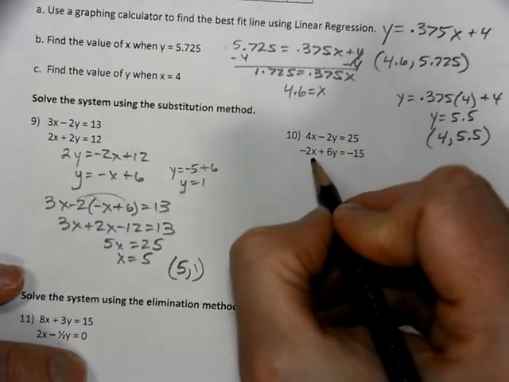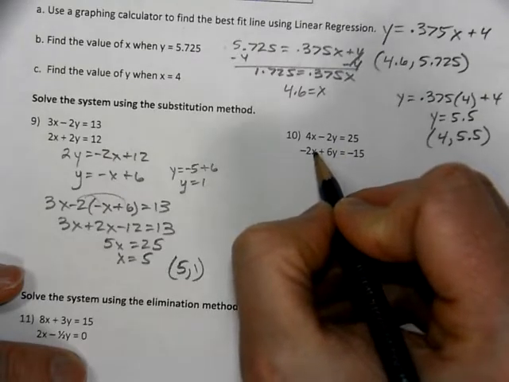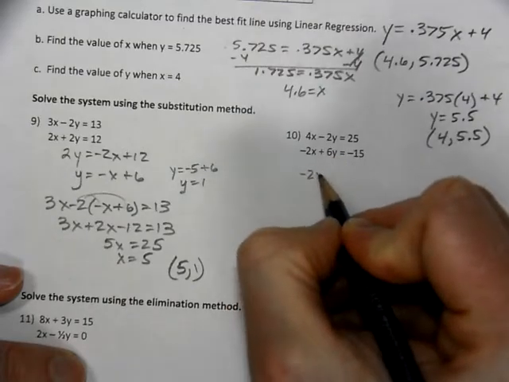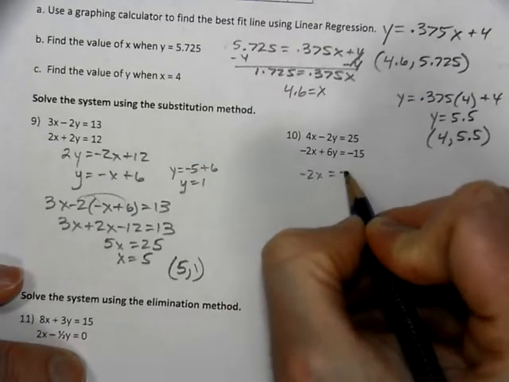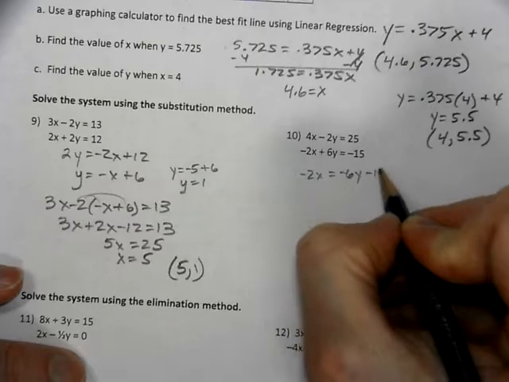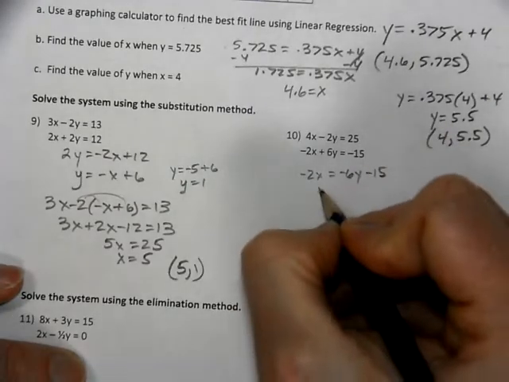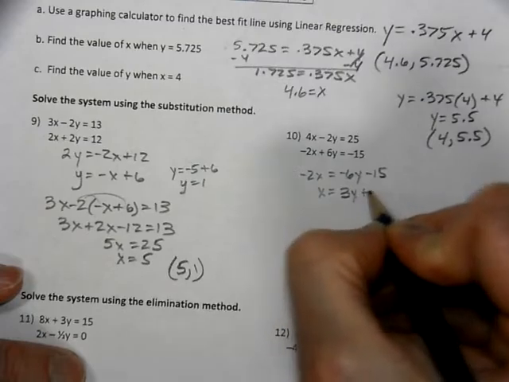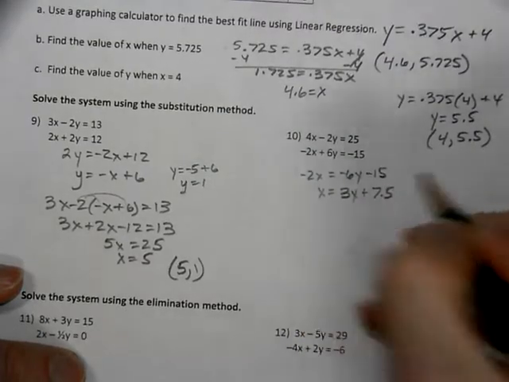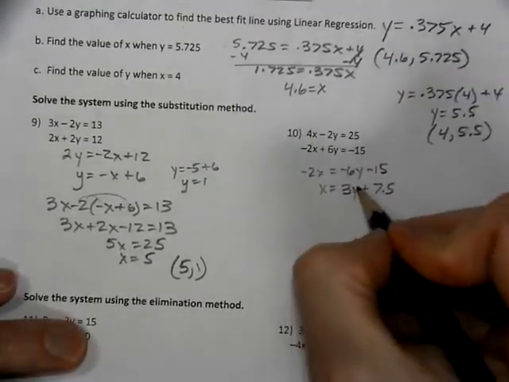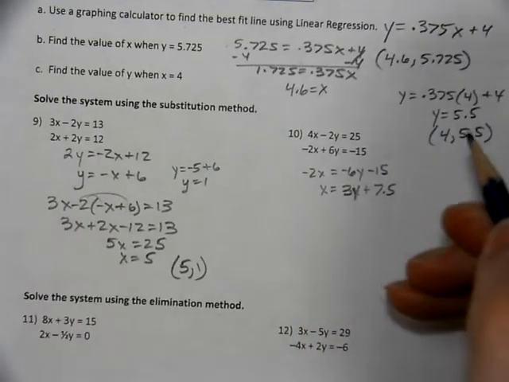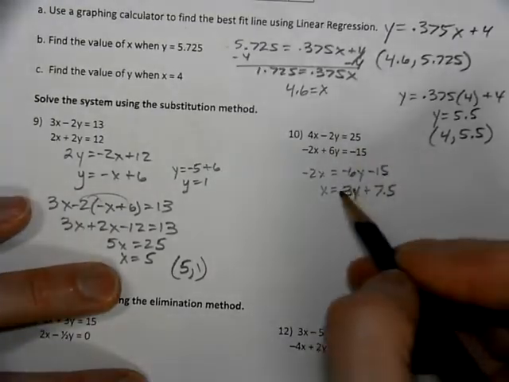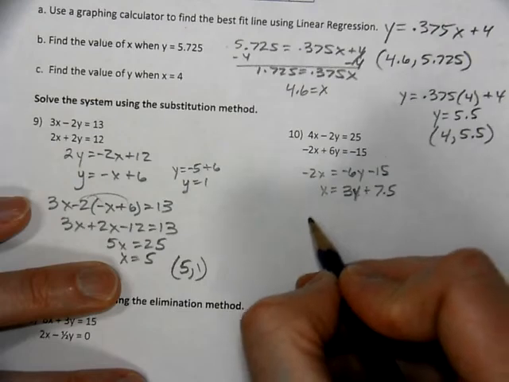So we're going to take this equation, divide by the 2, we get 7.5. So we're going to take that up and plug it up here.